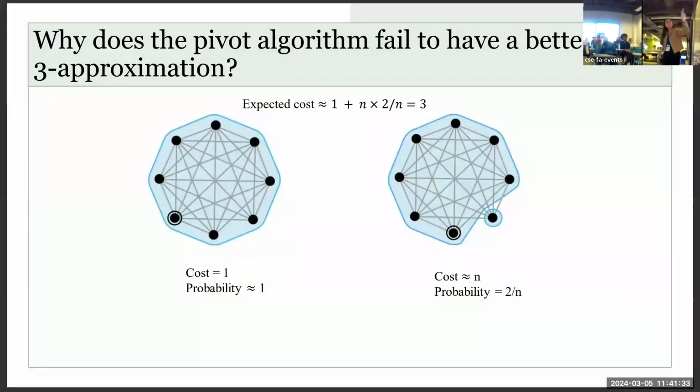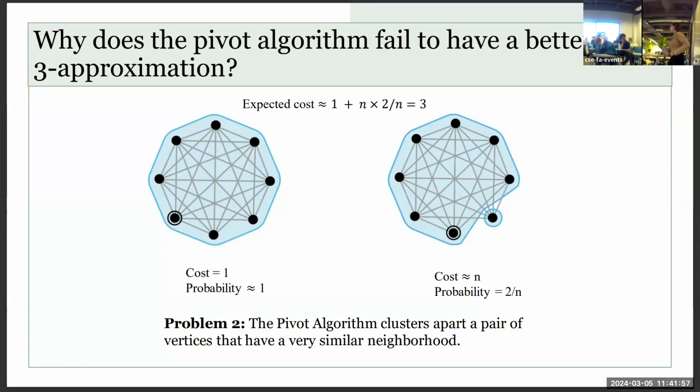But with a probability of 2 over n, we might pick one of the endpoints of this non-edge, and we might pay a cost of almost n. This way, the expected cost would be actually 3, and this would also be a tight example.